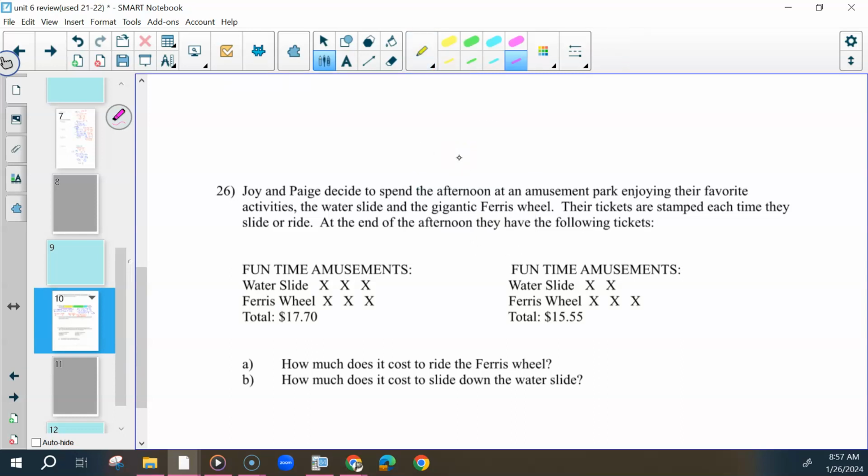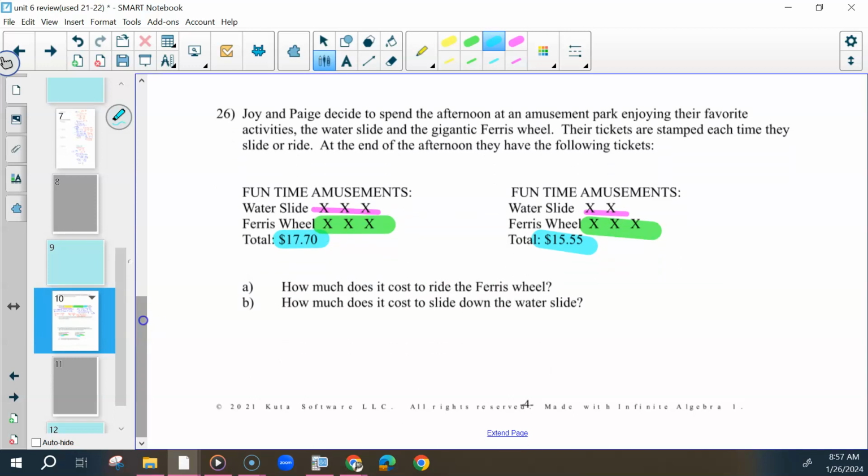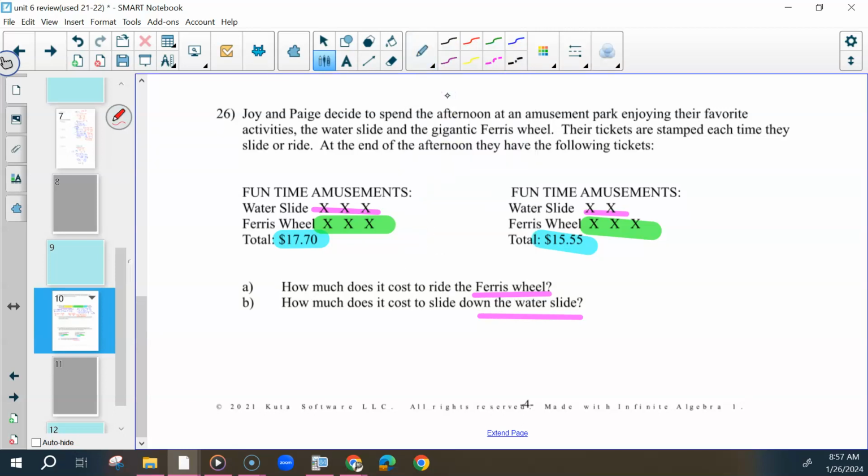There are 3 amounts of water slides, 2 amounts of water slides, 3 Ferris wheels, and totals. So you have all of your numbers right here. Define your 2 variables. Since we're looking for the cost to ride the Ferris wheel and slide down the water slide, we can call that F and W.